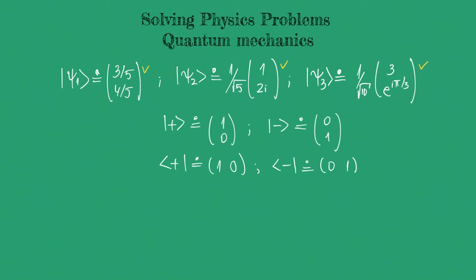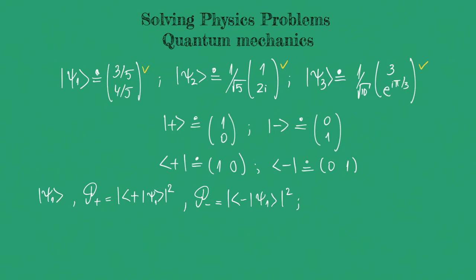For the first ket psi 1, the probability of finding spin up, as we have already calculated, is given by this inner product within this modulus squared, and the probability of finding spin down is given by this expression, bra minus ket psi 1 squared. So all we need to do is to calculate the inner product via matrix notation.